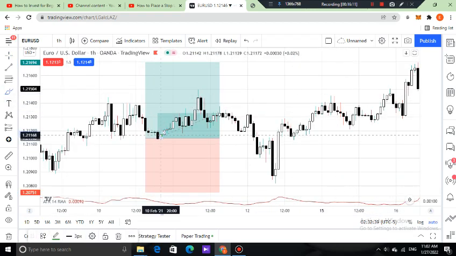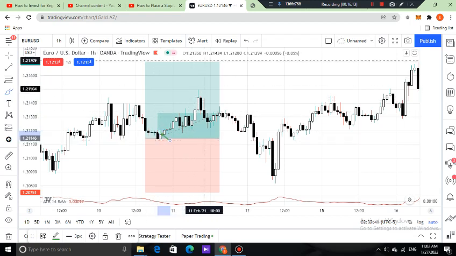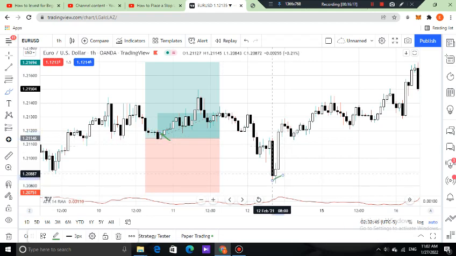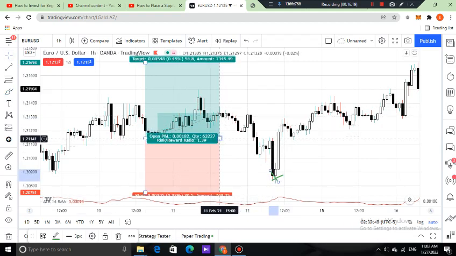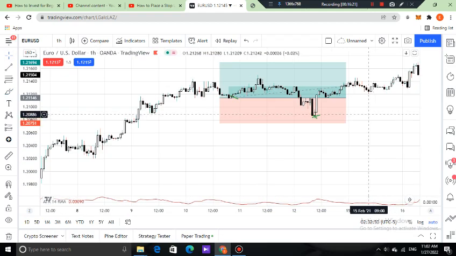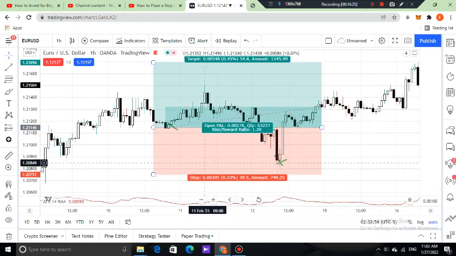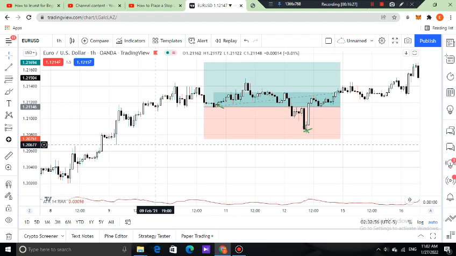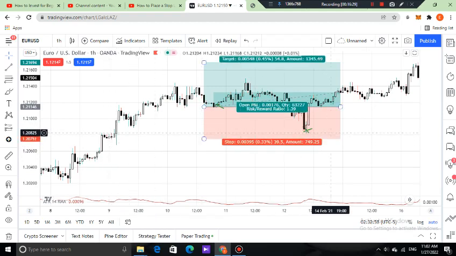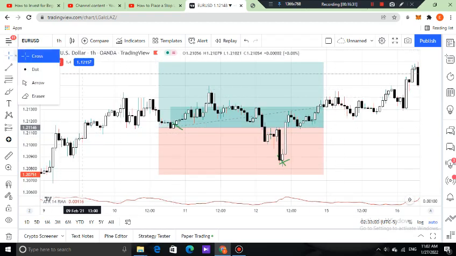You enter the position here, you are at profit, but your stop hasn't been touched yet. And here we have this big pullback. It's almost near your stop loss, but it hasn't touched it yet, and we are in position.